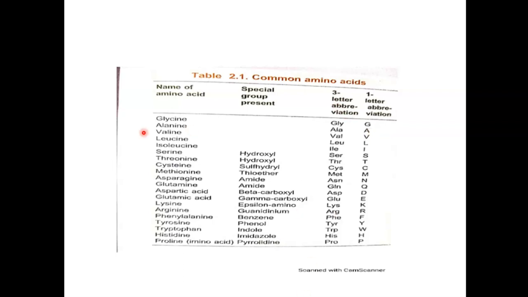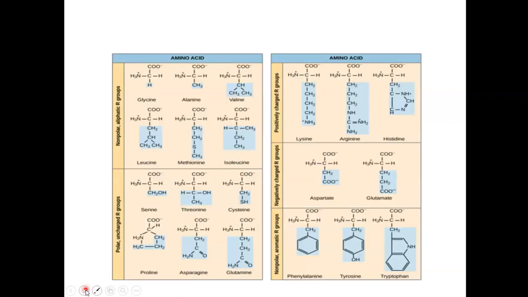Glycine, GLY, alanine, ALA. We can also use 1-letter abbreviation, G, A. Threonine can be expressed as T. There are some exceptions in the 3-letter abbreviation, for example asparagine, ASN. That's about this slide that explains the special group and the expression of amino acids.